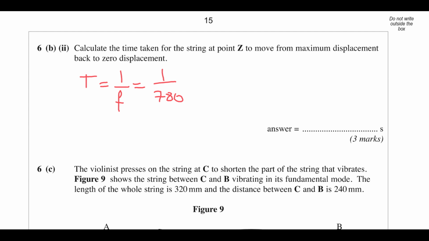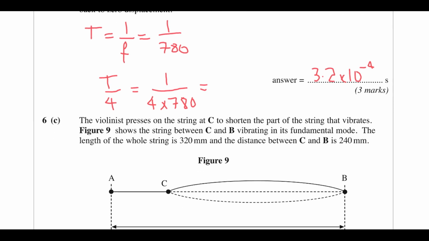We want a quarter of a time period, which is 1 over 4 times 780. If we calculate that, it comes out as 3.2 times 10 to the minus 4 seconds. You'd expect it to be pretty short because we've got 780 of them a second, and that's the value.